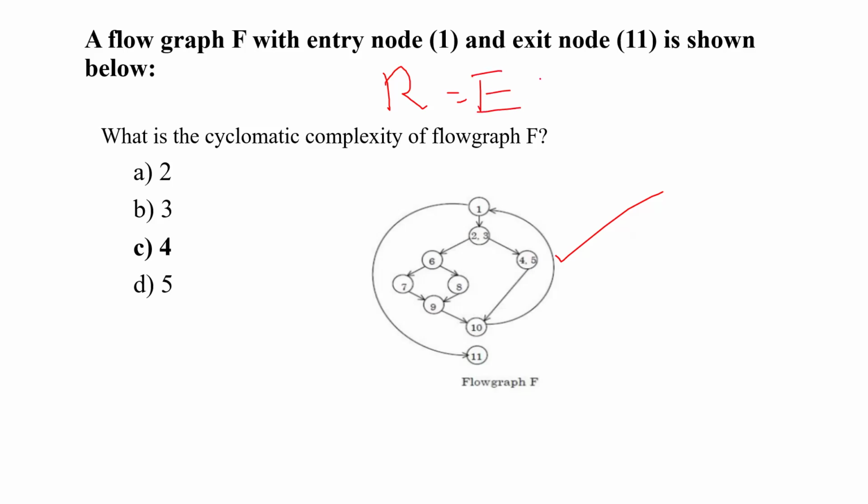Edges minus vertices plus 2, I think. Okay, so here how many nodes are there? Vertices means nodes only, so we can say vertices are nodes. So 1, 2, 3, 4, 5, 6, 7, 8, 9 vertices. Sorry, I am saying this is 9 vertices.